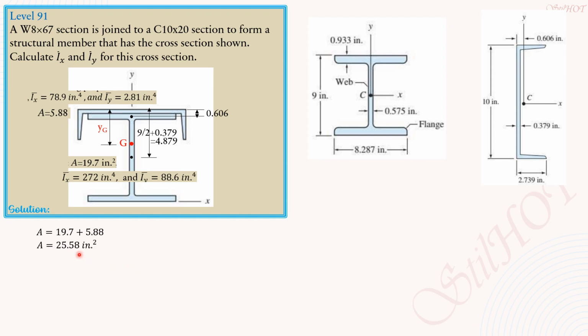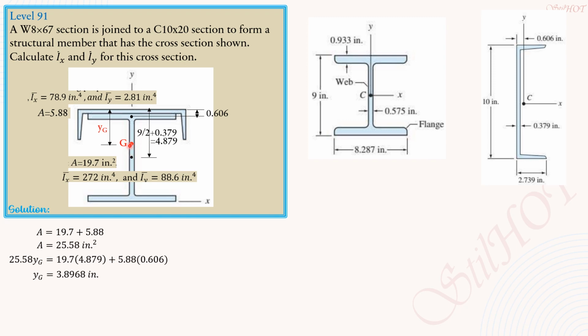Then by Varignon's theorem, 25.58 times YG equals 19.7 times 4.879 plus 5.88 times 0.606. So YG is equal to 3.8968 inch.